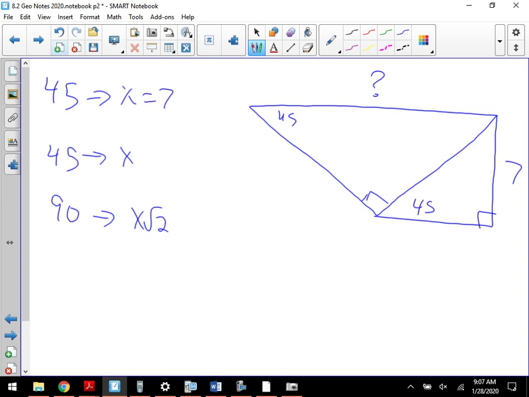Very good, so it's 7. You multiply that by square root of 2 and you get 7 square root of 2, and like I said, multiply that by square root of 2, and you get 14. You got it.